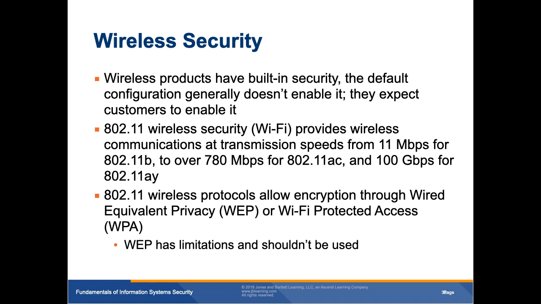Wireless protocols allow encryption through Wired Equivalent Privacy, or WEP, which is insecure, and most use WPA2 currently. It's definitely replaced the WEP. WPA is still also insecure. You should use WPA2.